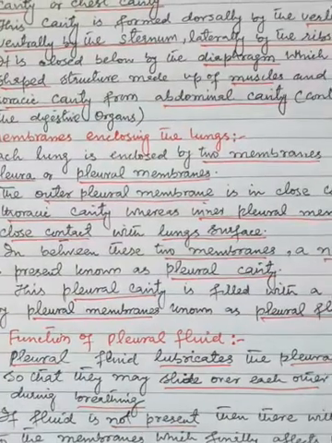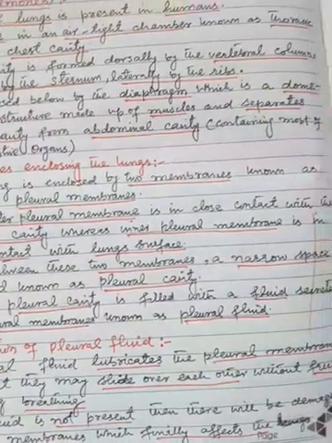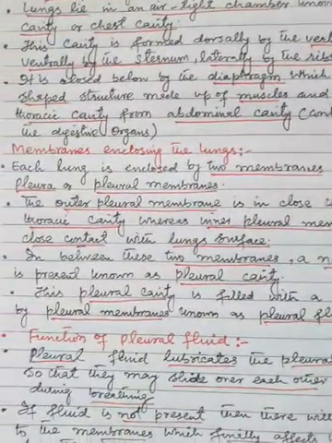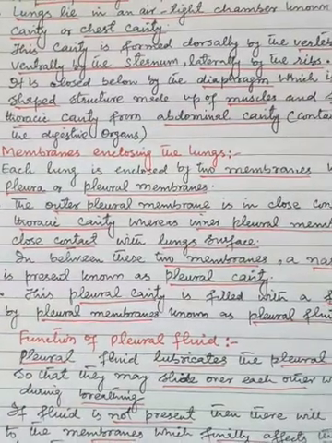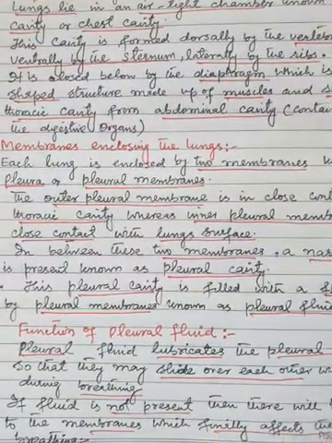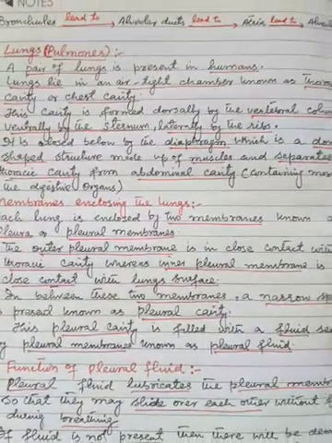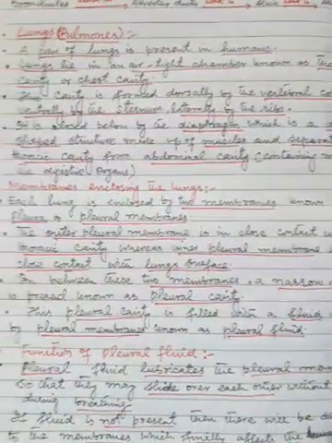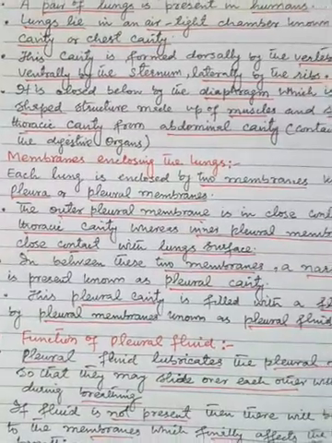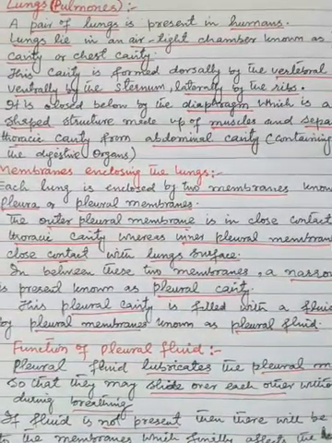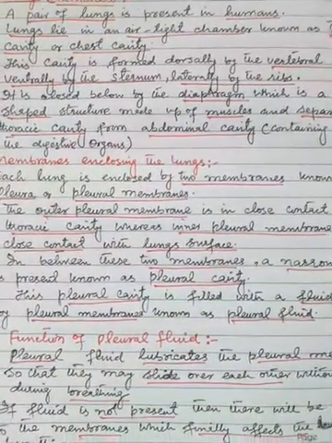In between these two membranes, a narrow space is present, known as the pleural cavity. This pleural cavity is filled with a fluid secreted by the pleural membranes, known as pleural fluid.